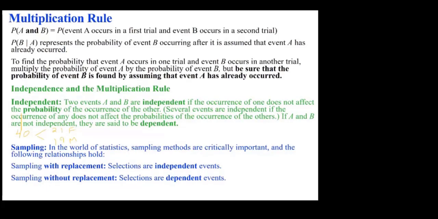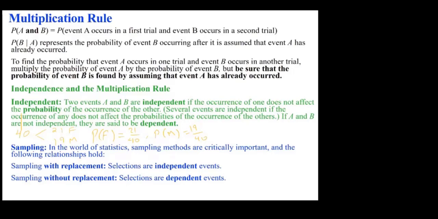So the probability of picking a female, if we pick a student randomly, is 21 over 40. Probability of a male, 19 over 40. I want to explain this concept. It's extremely important. So if we pick a student randomly, the probability that the student is a female is 21 out of 40 and male is 19 out of 40.